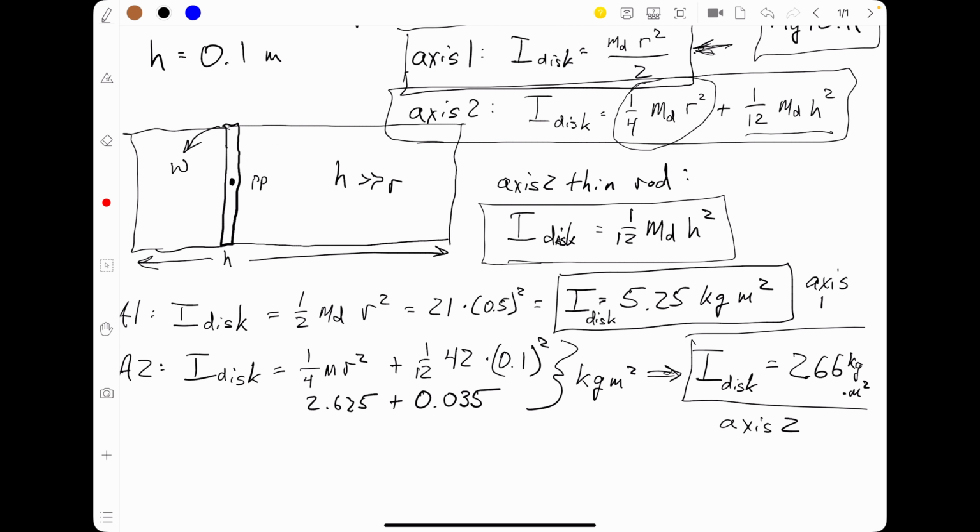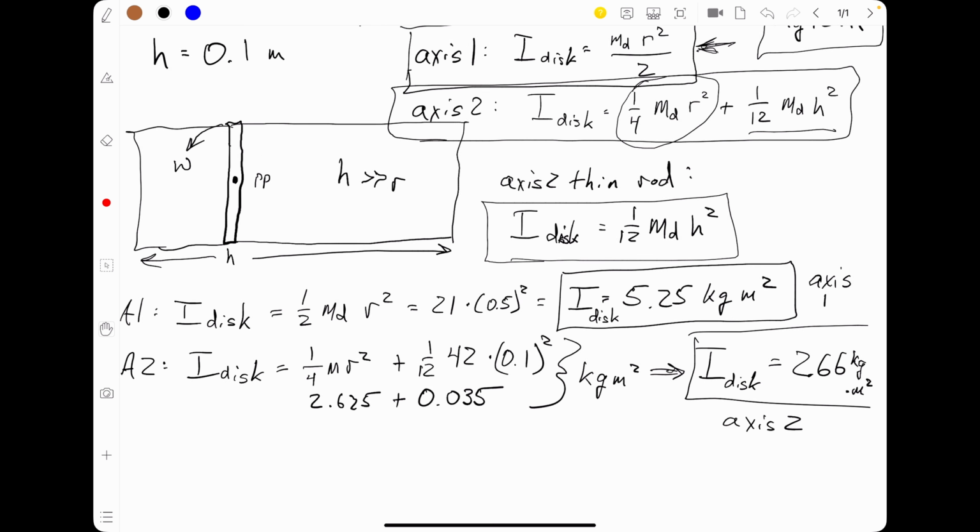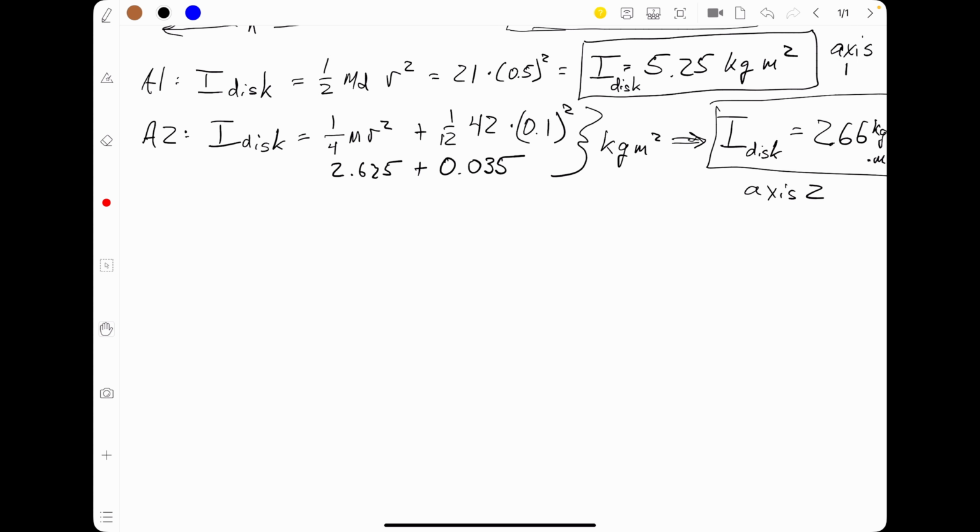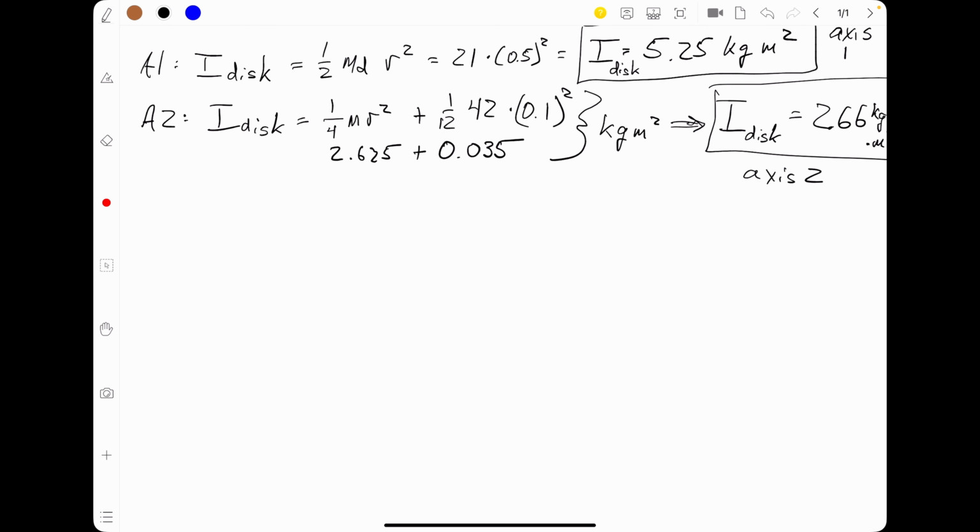Now, what if we make h really long? Okay, this is our last thing. I'm just going to write real quick. Our mass of the disk is equal to 42 kilograms.